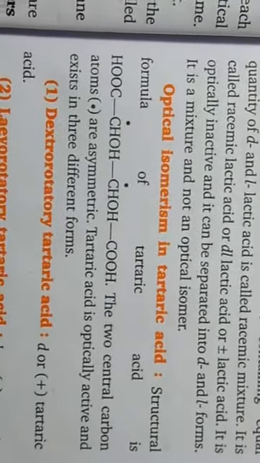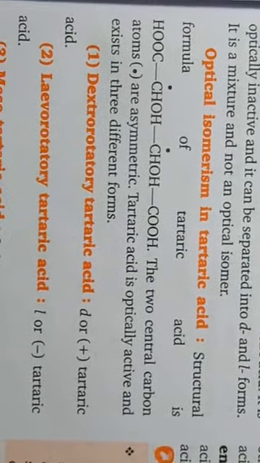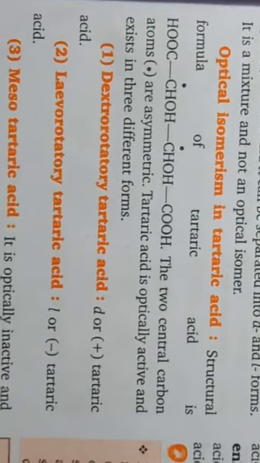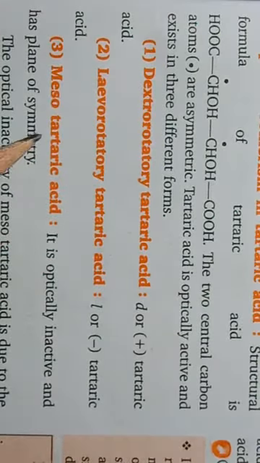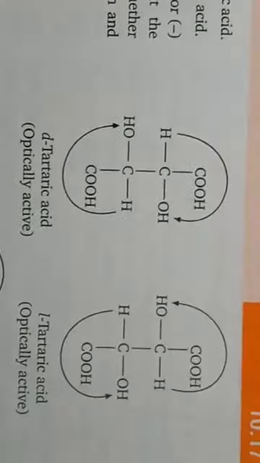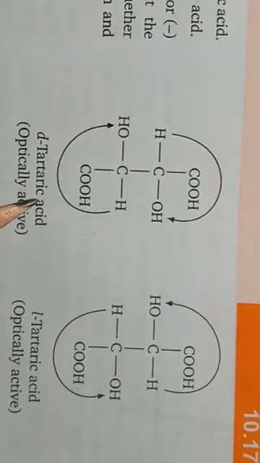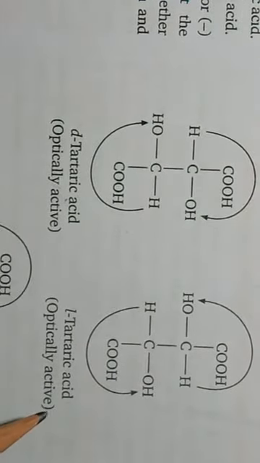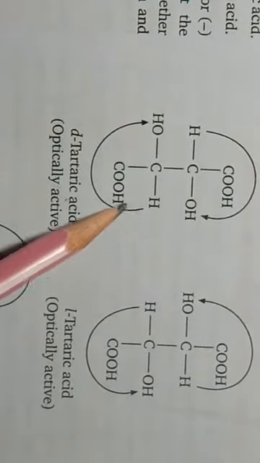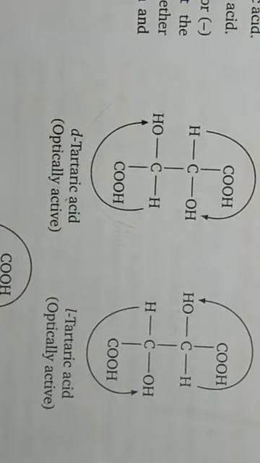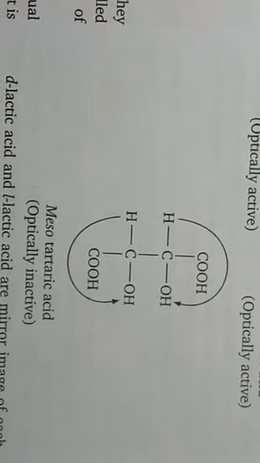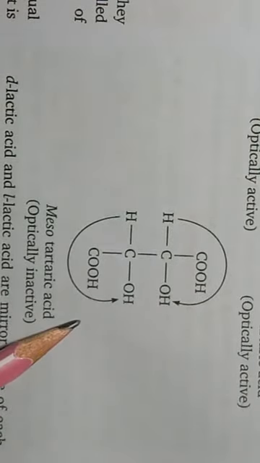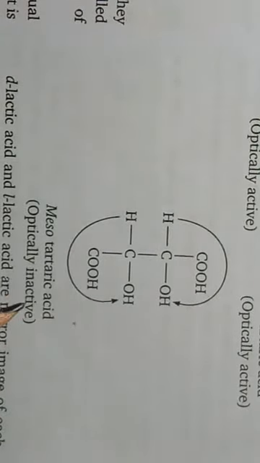Then optical isomerism in tartaric acid. Tartaric acid is showing 3 optical isomeric forms: dextro, levo and meso. As you can see here, the first one is dextro form, the second one is levo form, and the last one is meso tartaric acid or meso form, which is optically inactive.